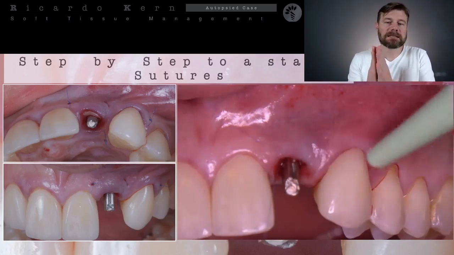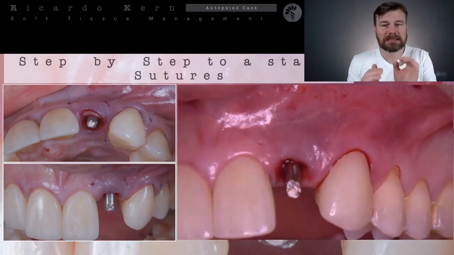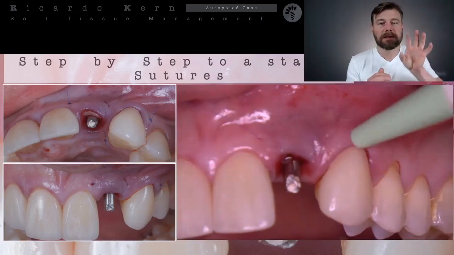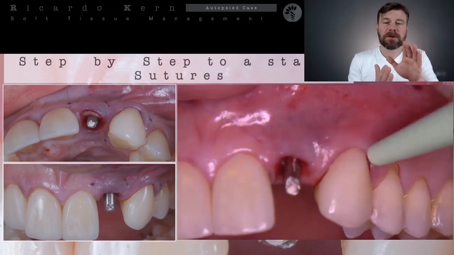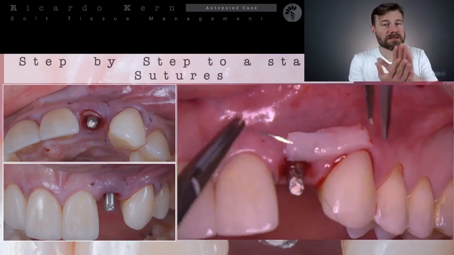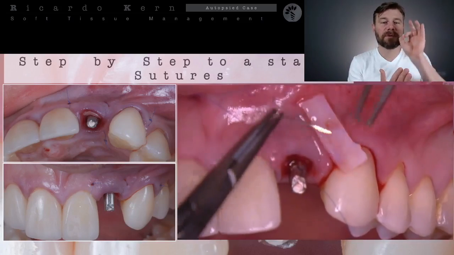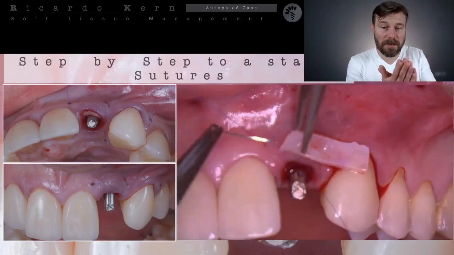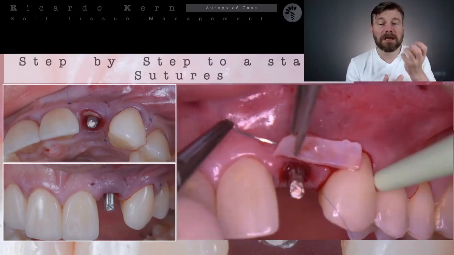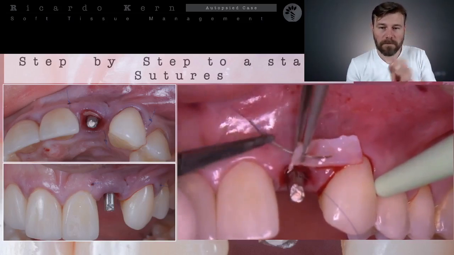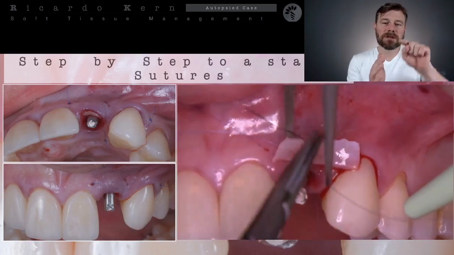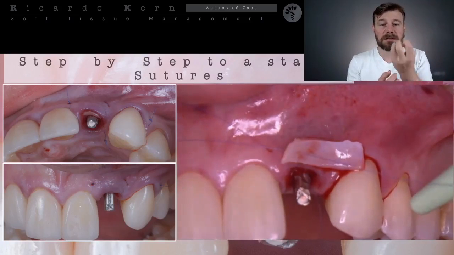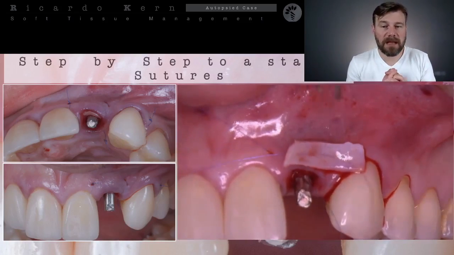Since I did not tunnel and prepare the buccal side of the central incisors, I still have the whole tissue attached to the ground. I still have the periosteum attached to the bone. So I start my anchorage point for the suture exactly in this 1 millimeter that surrounds this tunneled prepared area.